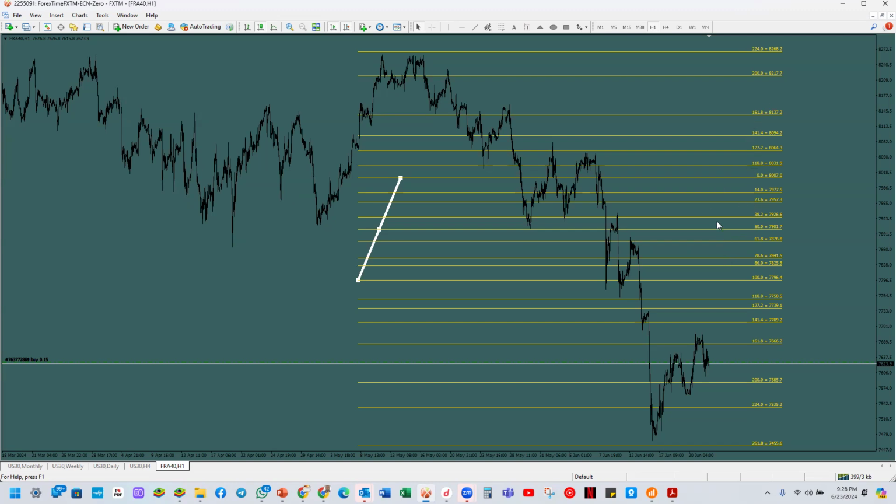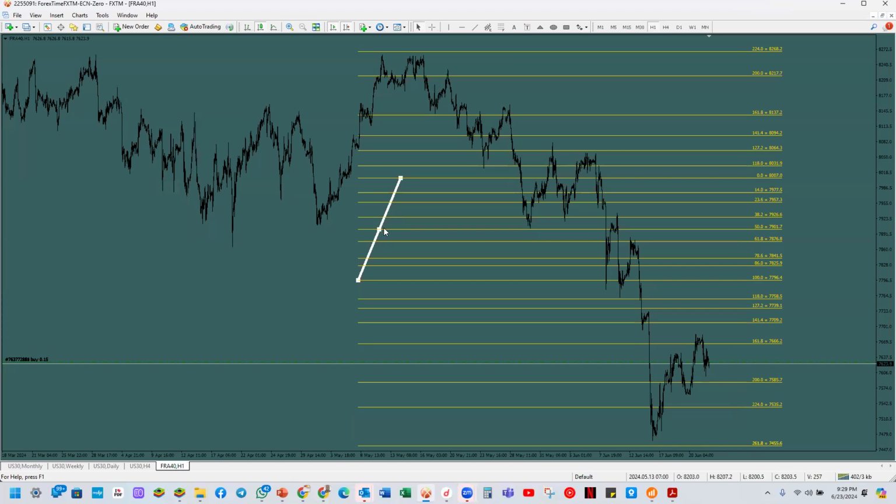For 38.2, 50, and 61.8, the market will extend to the 161.8 level. For 78.6, it will extend to the 141.4 level. For 86, it will extend to the 118 level. For 76, it will extend to the 127.2 level.